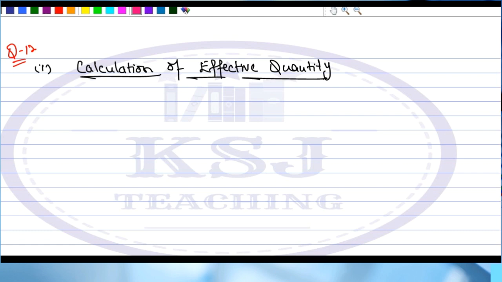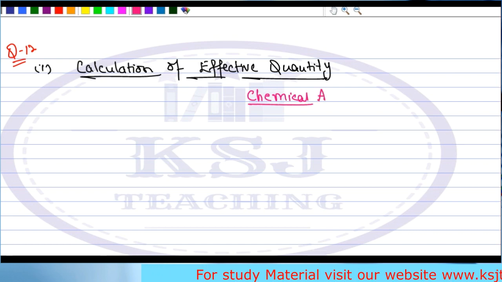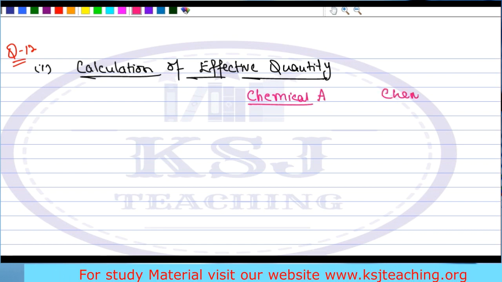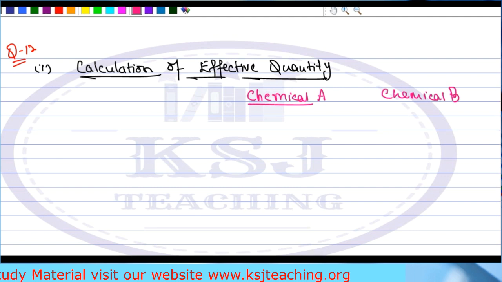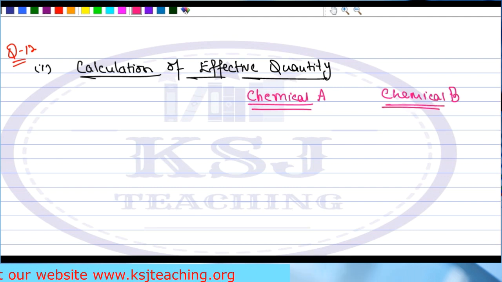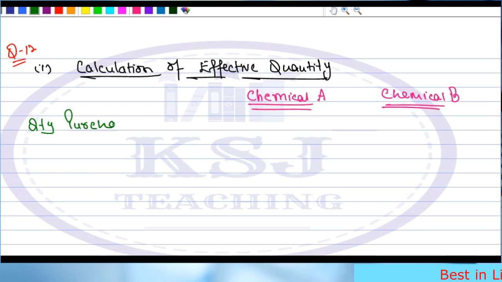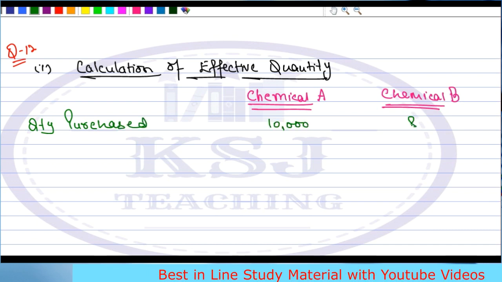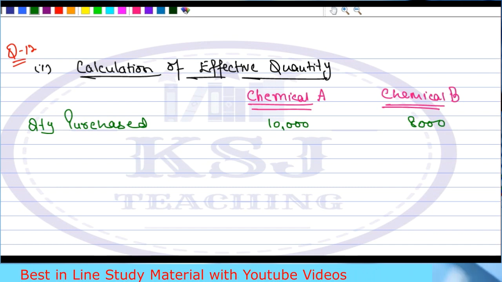Right, sir. So we have chemical A and chemical B. What is the quantity purchased? Sir, as per the invoice, quantity purchased is 10,000 and 8,000 kg, isn't it?